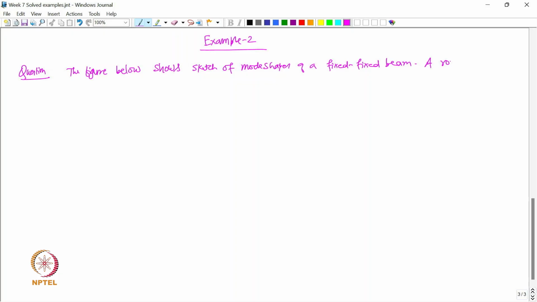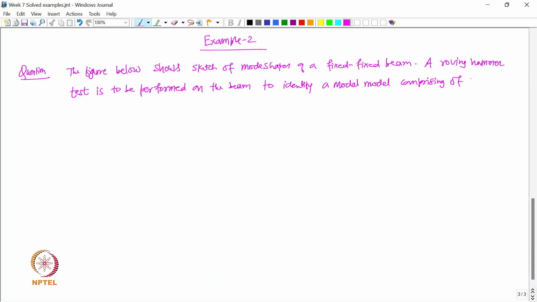A roving hammer test is to be performed on the beam to identify a model comprising the first 4 modes of the beam.